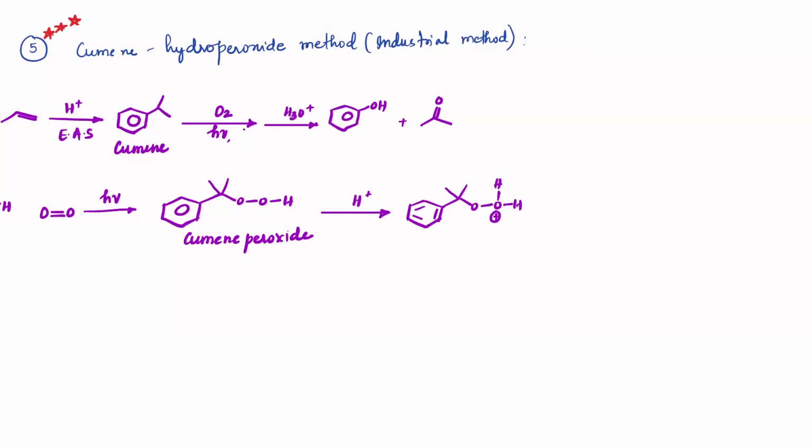Then the pi bond from the ring will attack on this oxygen to remove this water molecule. Got it? That's how we end up getting a three-membered ring here, with oxygen, a double bond and a positive charge, and this H2O will be out.